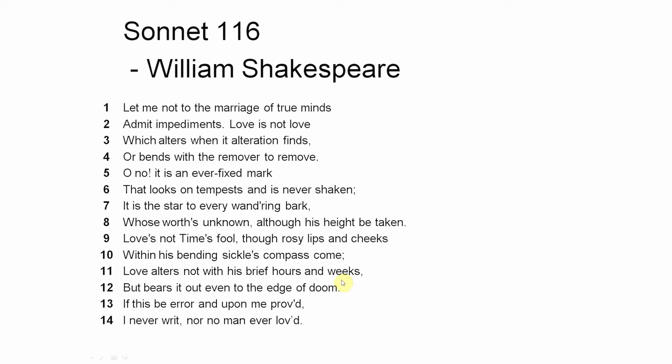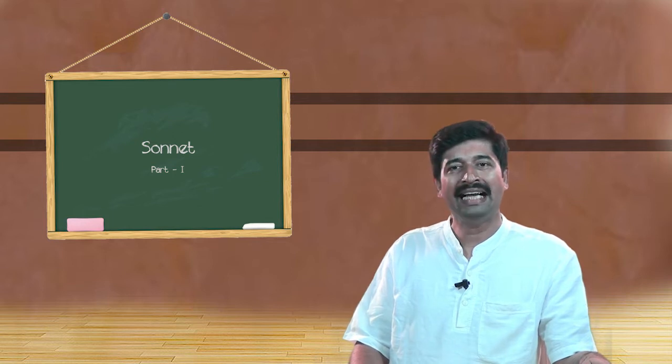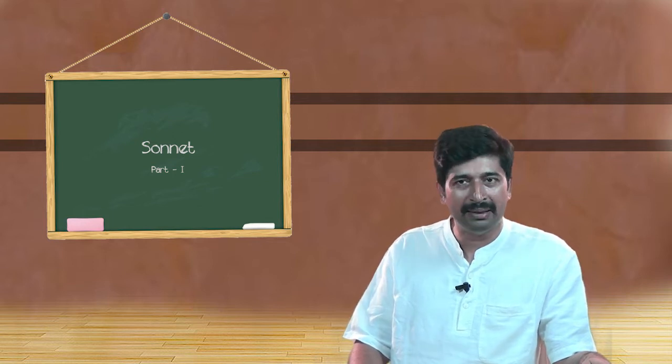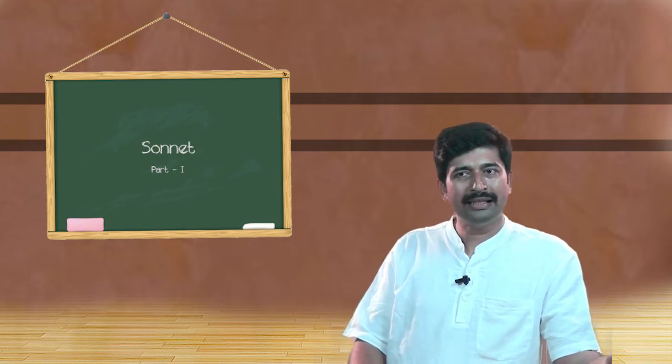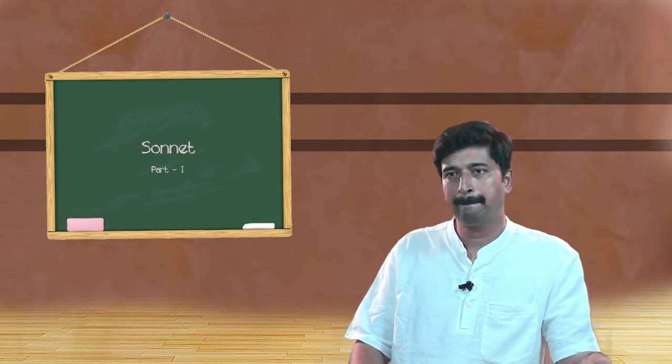If we look further into Sonnet 116, we can see it is composed of 14 lines. Line 1 is, let me not to the marriage of true minds, with the enjambment, admit impediments. It is written in a metrical way.